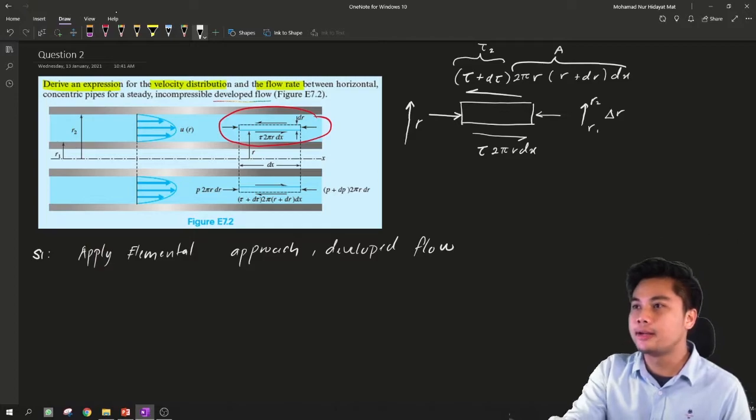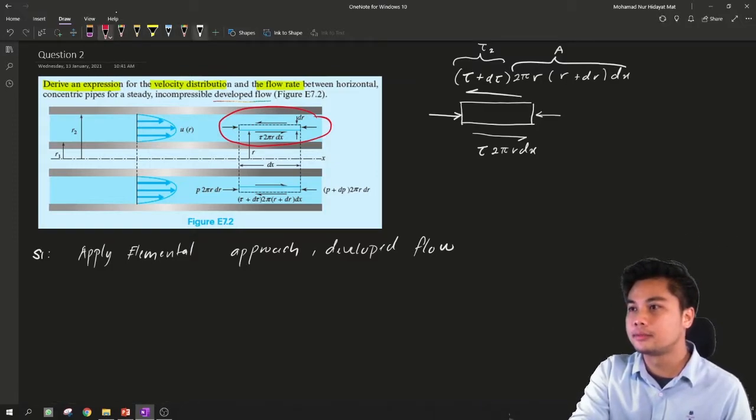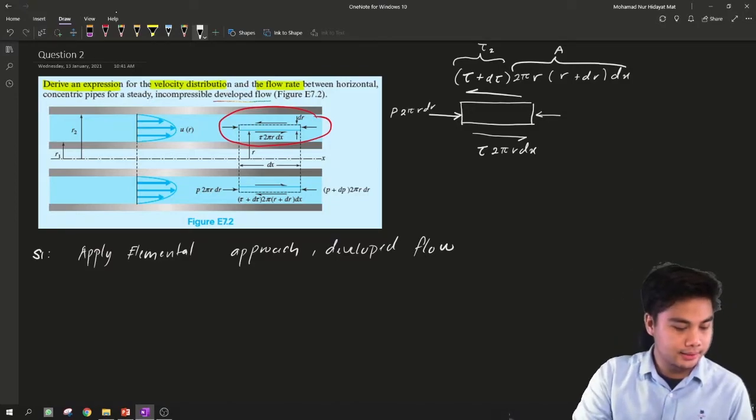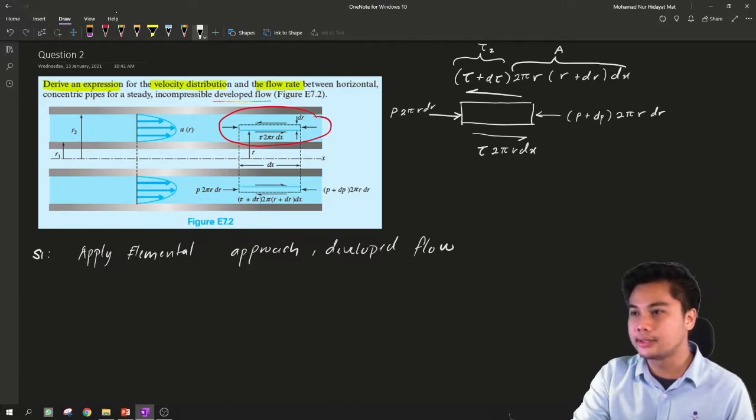Here we have the pressure force, which is P multiplied with area, 2 pi r dr. And here, P number 2, P plus dP, multiplied with 2 pi r dr. This is the circumference multiplied with radius.